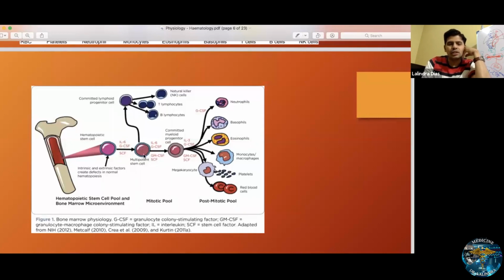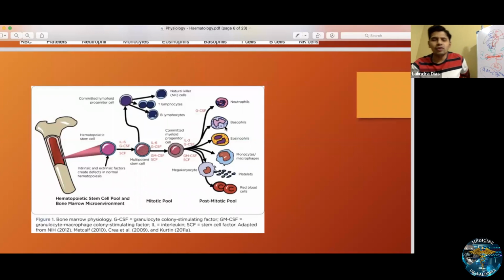Here you can see the common myeloid progenitor cell, and also you have the common lymphoid progenitor cell. The lymphoid progenitor cell, very easy: T lymphocytes, B lymphocytes, and natural killer cells. And the common myeloid progenitor cell has two pathways. What are they? The megakaryocytic erythroid pathway, and also the granulocyte macrophage progenitor pathway.